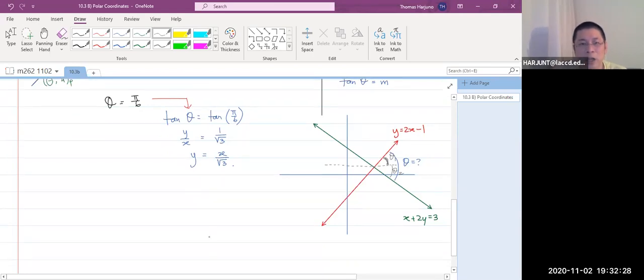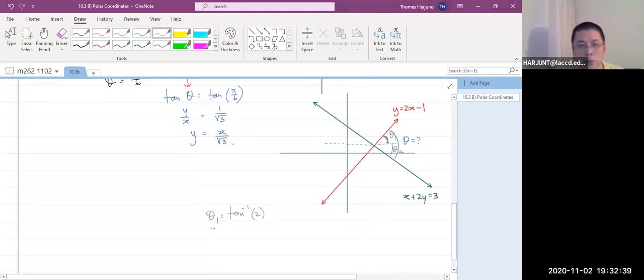Okay, so theta 1 is tangent inverse of the slope 2, while theta 2 is tangent inverse of the slope negative 1/2. Right? This is y equals negative 1/2 x plus 3/2.